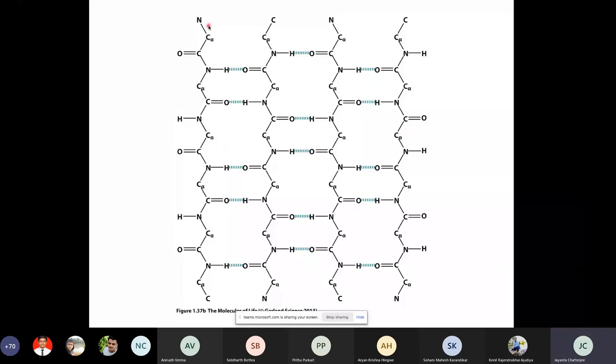Again, that was the three-dimensional structure. This is the chemical structure. You can see this is N term to C term. This is N term to C term. The polypeptide chains are running in an anti-parallel direction.